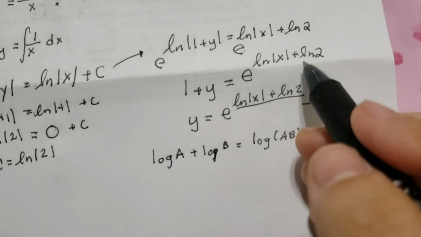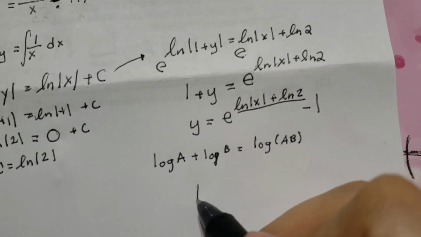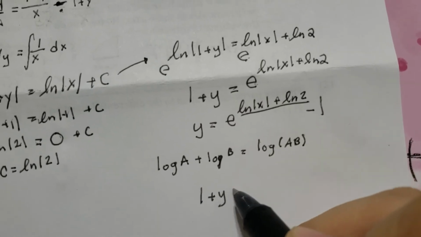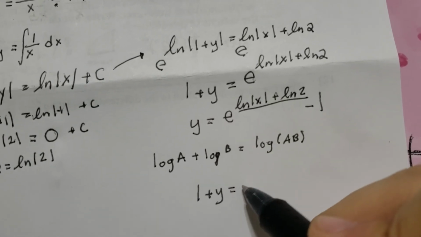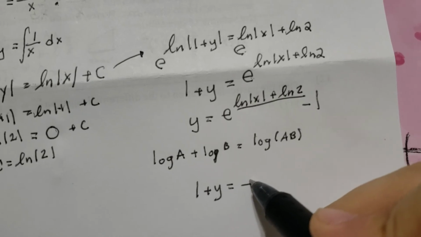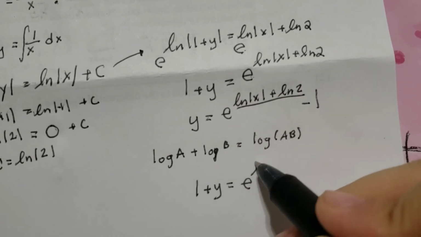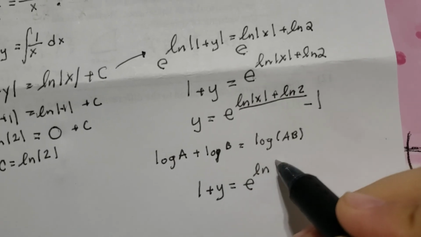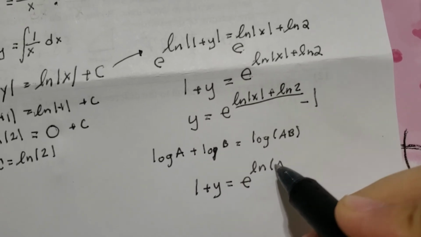So if I know that, I can rewrite this right here. 1 plus y equals e to the natural log of AB.